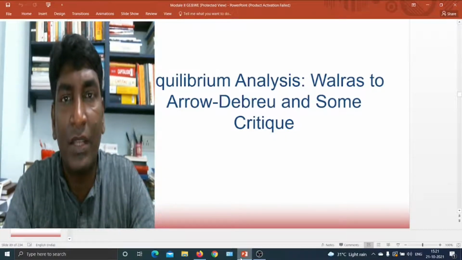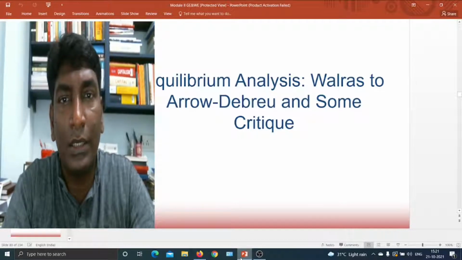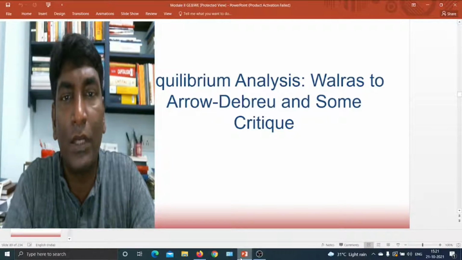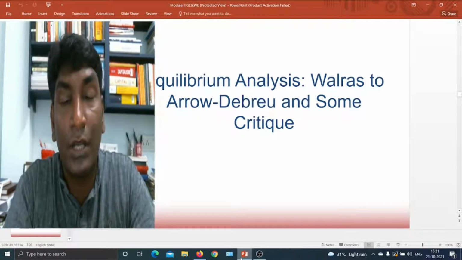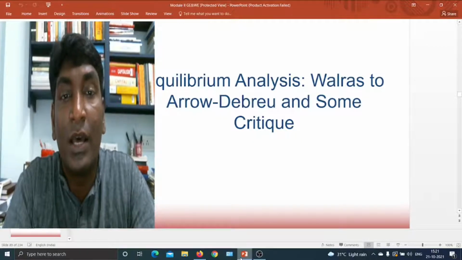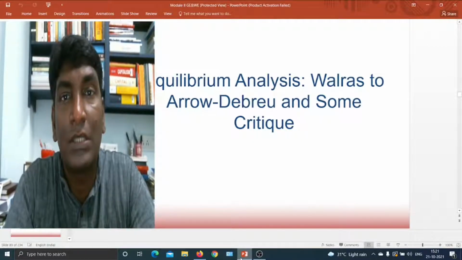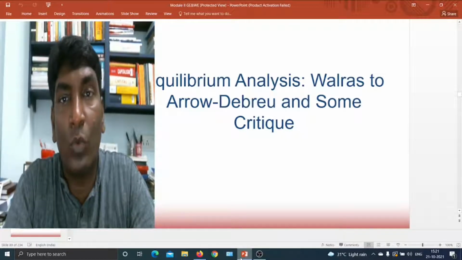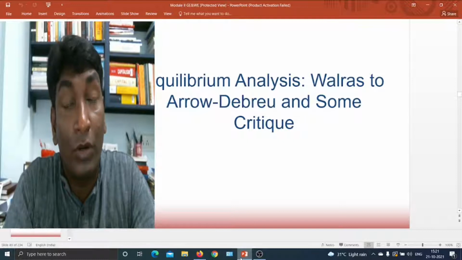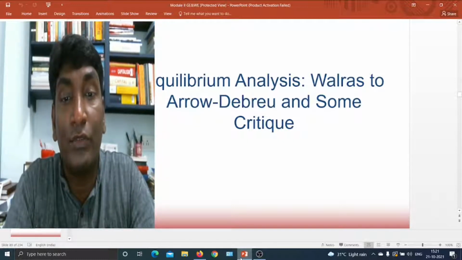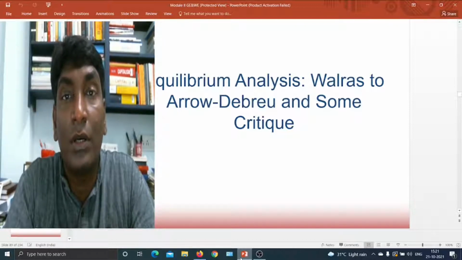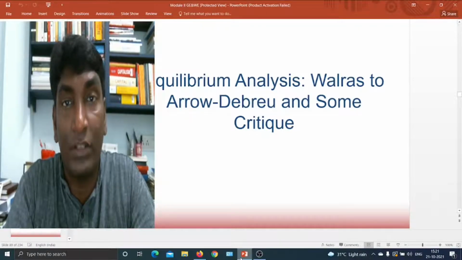We discussed the elaboration of what we have done on general equilibrium, and in this particular lecture, what I am trying to do is an equilibrium analysis, which is the generalized Walrasian case, that is the Walras-Wald, Walras-Cassel model to that of the Arrow-Debreu model, which is actually a very important aspect of the general equilibrium understanding of modern times.